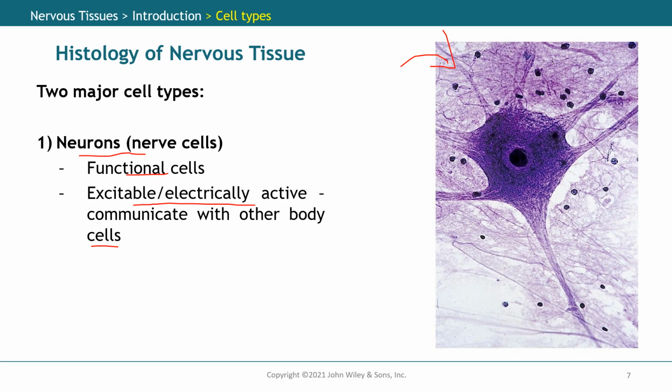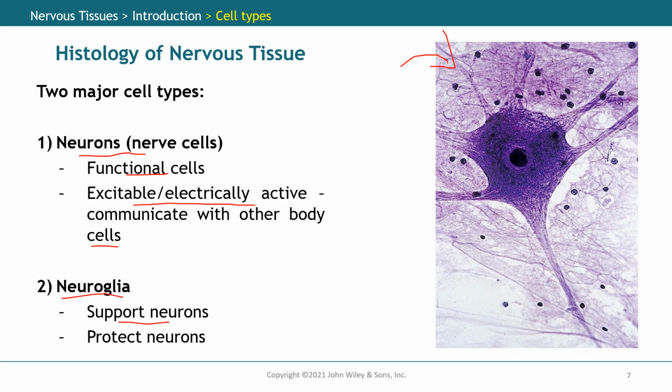There is a second major type: the neuroglia, which support the neurons and protect the neurons. So two different types: the neurons, which send the signal, and the ones that protect and support the neurons, that don't allow the signals to disappear. I will get into that in the following slide.